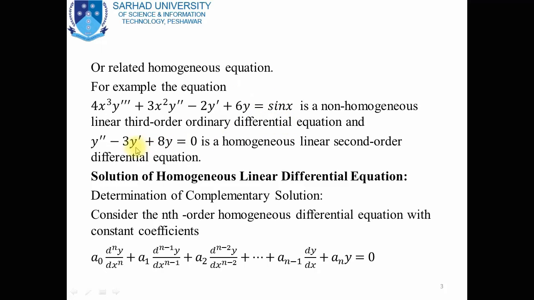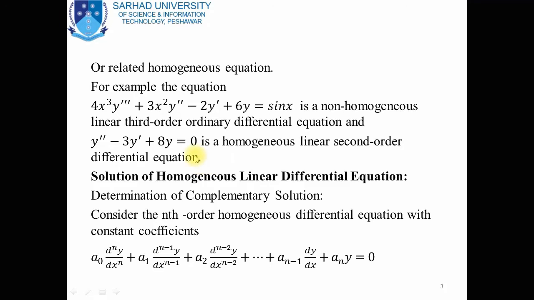Similarly, suppose you see over here the triple derivative of y with respect to x minus y double derivative plus dy by dx plus y is equal to 0. This is a homogeneous linear differential equation.